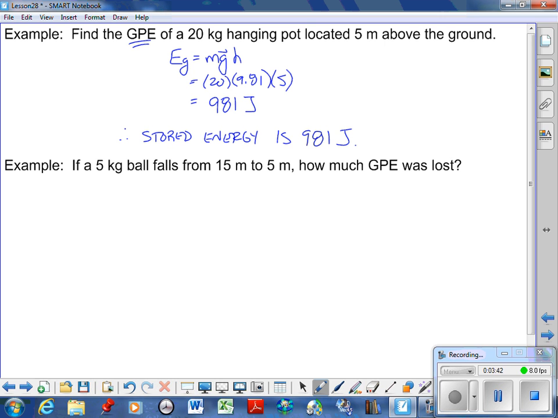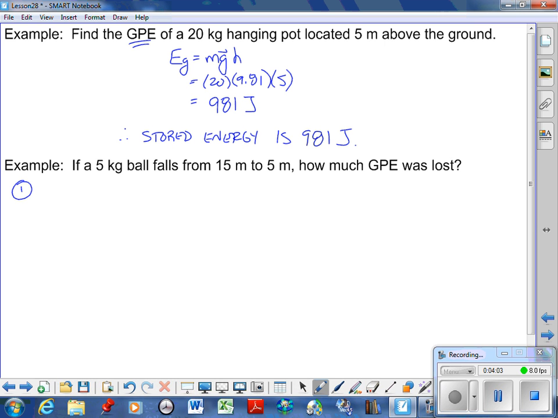If a 5 kilogram ball falls from 15 meters to 5 meters, how much GPE was lost? Here we have a frame of reference question. I told you that the surface of the Earth is a reference point that we can use all the time. I'm going to show you two different ways to calculate this.